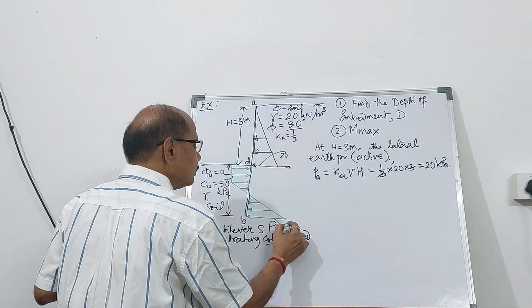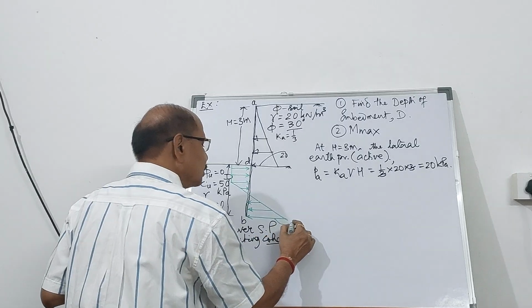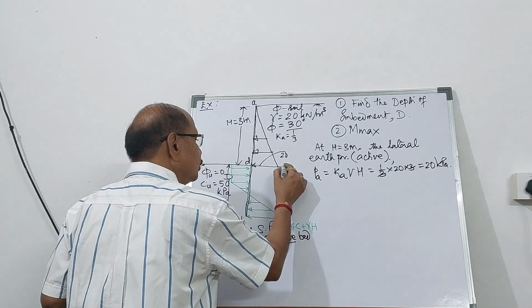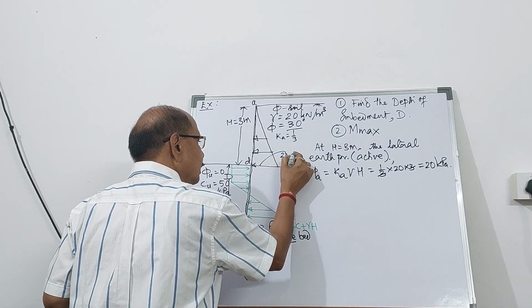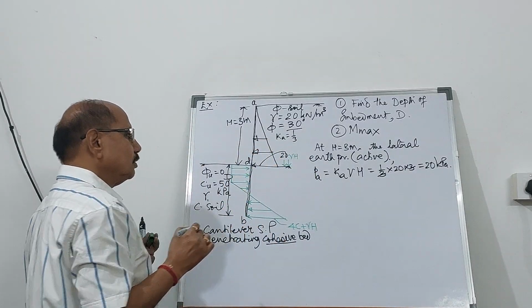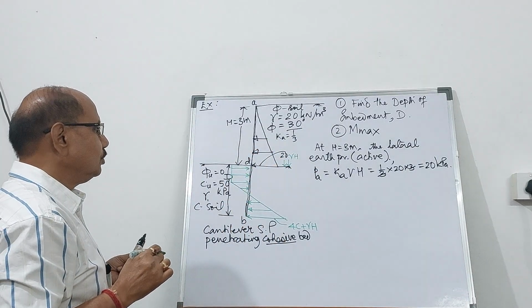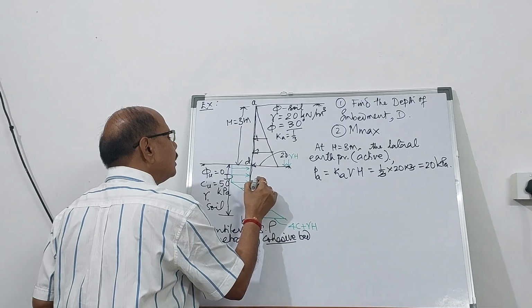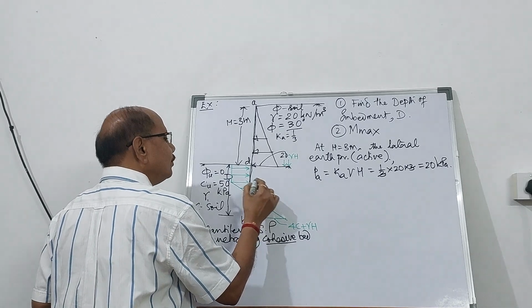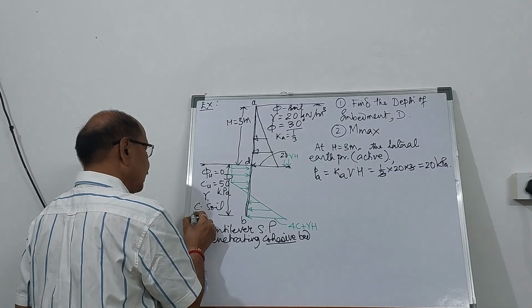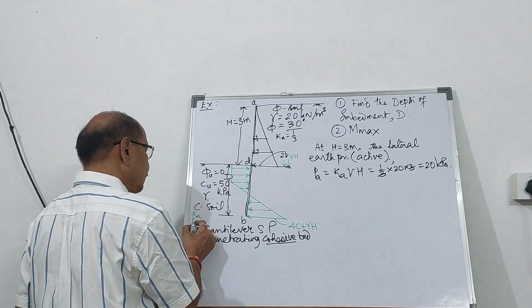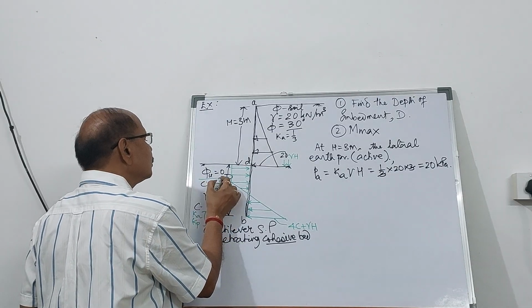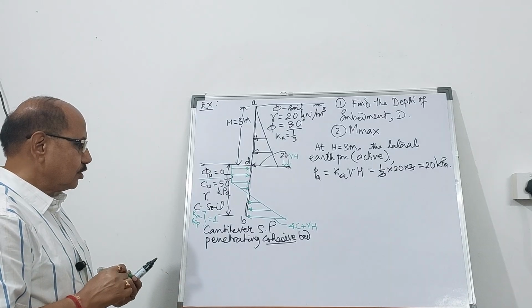And this pressure is going to be 4C plus gamma into H, where there is going to be gamma into H. For phi equal to 0, the value of K for cohesive soil, Ka and Kp both will be equal to 1, because the value of phi is 0.